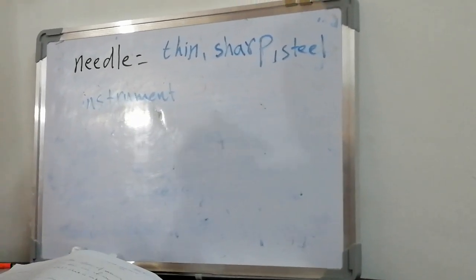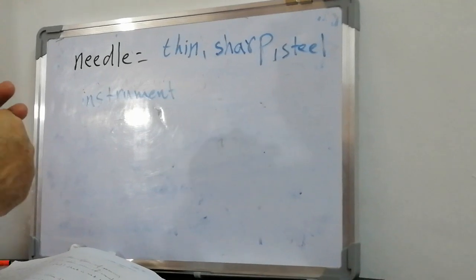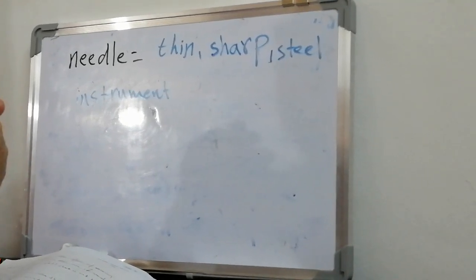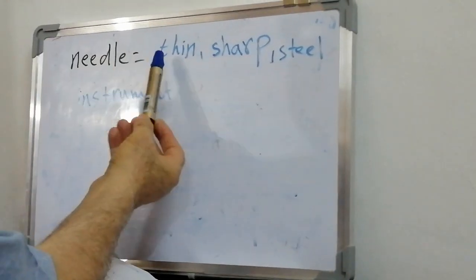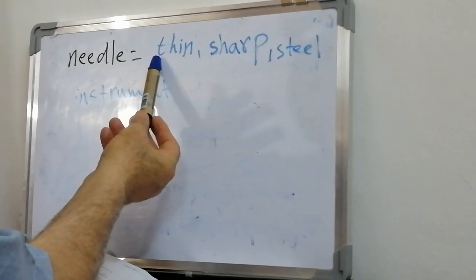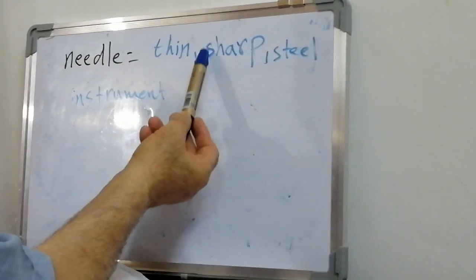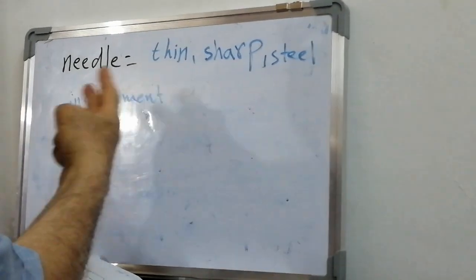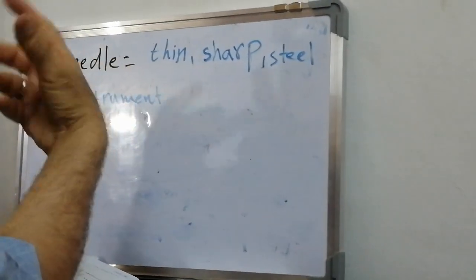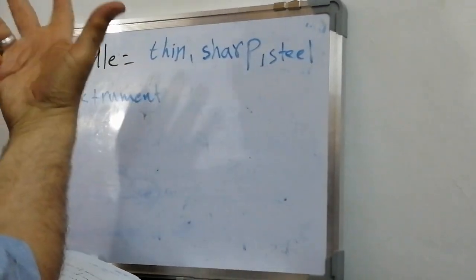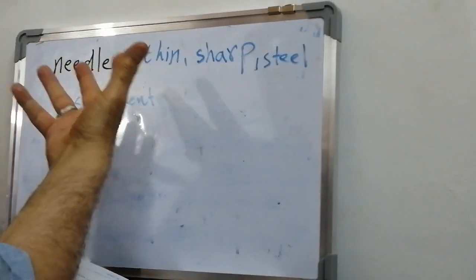Now, before I move to the second type of meaning, and that is associative meaning, I would like to go back to these basic components of the literal meaning, المعنى الحرفي أو المعنى القاموسي أو lexical meaning.